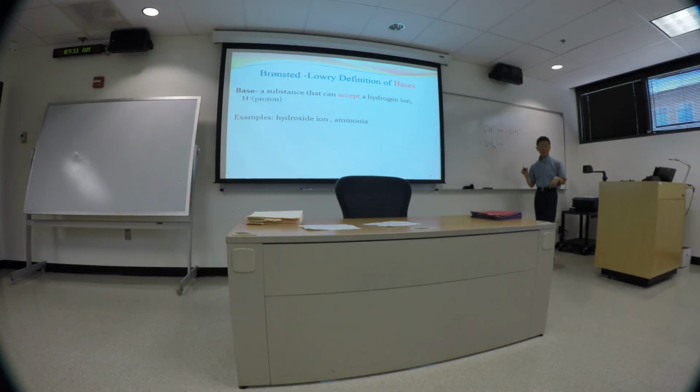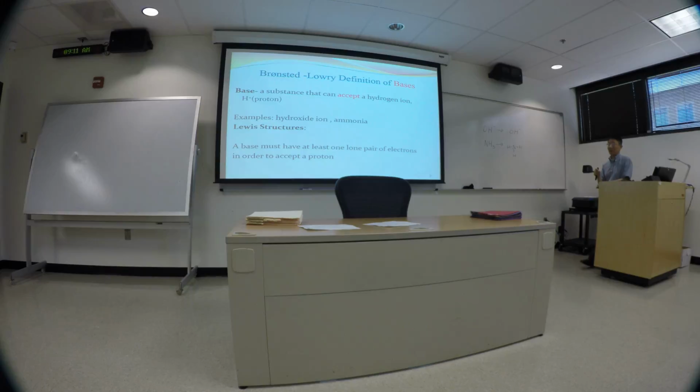If you draw a Lewis structure for ammonia, you have a lone pair on the atom with a high electronegativity value. So the key here, in order for something to qualify as a Bronsted-Lowry base, a Lewis structure indicates a base must have at least one lone pair of electrons in order to accept the proton.